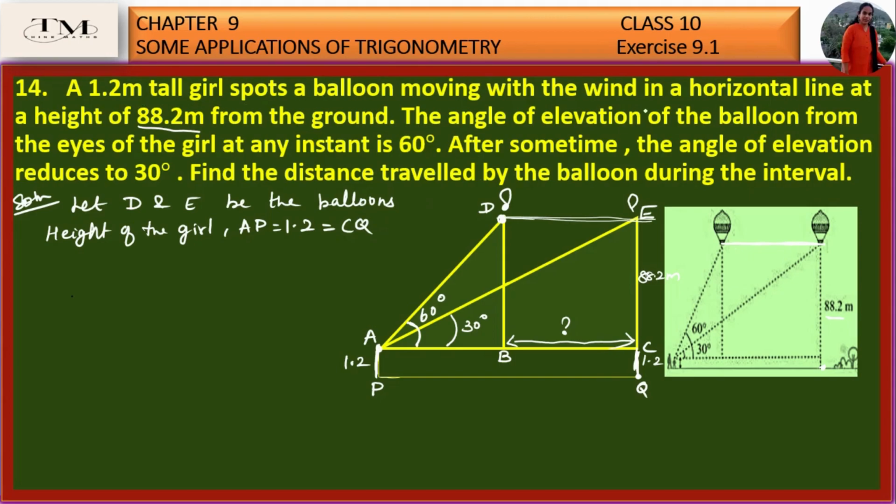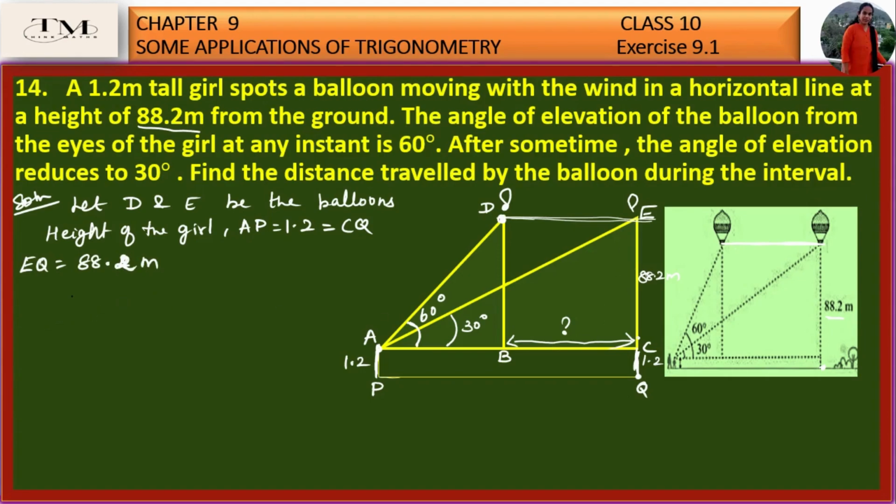Now what is given? A girl spots a balloon moving with the wind in a horizontal line at a height of 88.2 meter from the ground. So EQ is equal to 88.2.